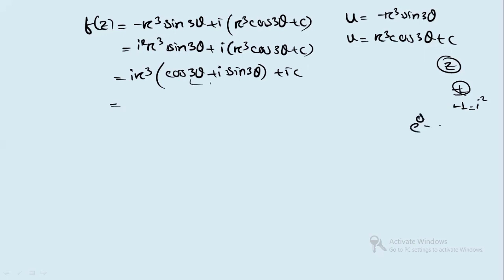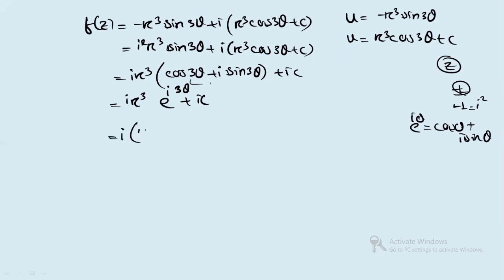We know e to the power iota theta is equals to cos theta plus i sin theta. We will use the same form and we will write i r cube e to the power i 3 theta plus ic. So from here if you see, you can write it as what? i, right, r cube e to the power i 3 theta, that is what? r e to the power i theta whole cube plus ic.